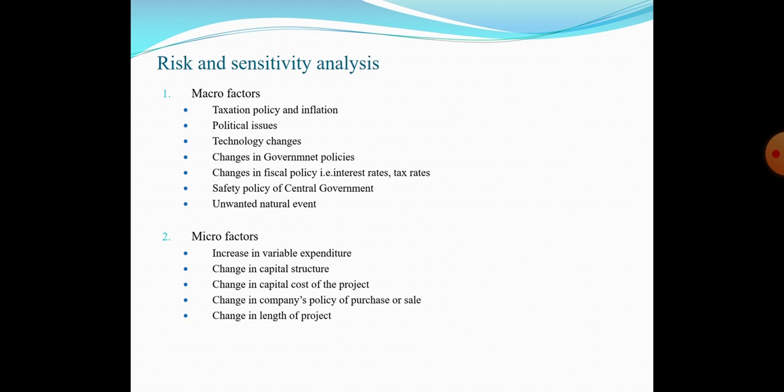So it measures the impact of change in any input data on the output. In other words, we can also call this what if. So what if this happens and what if that happens? That analysis also we need to do, because we cannot take all the assumptions into consideration while selecting the project.